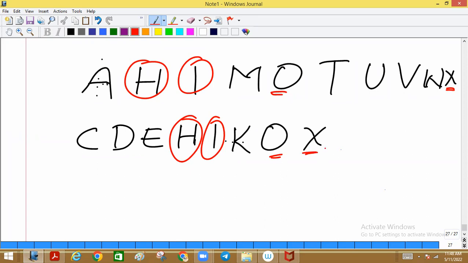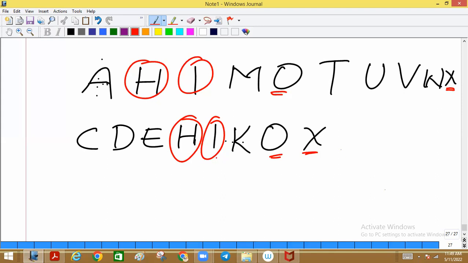Why I'm asking this question: this is the previous essay question. The previous essay question was, which of the following is the odd one out? He asked this question and gave H, I, X and some other letter. And everybody thought like this.